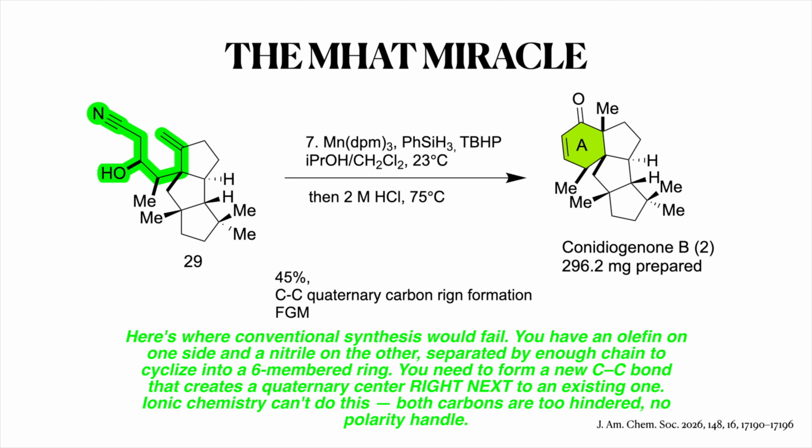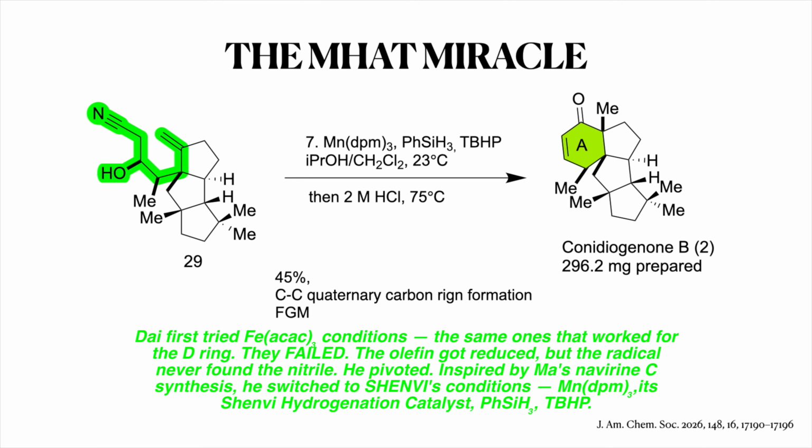Ionic chemistry can't do this. Both carbons are too hindered. No polarity handle. Dai first tried iron acetylacetonate conditions, the same ones that worked for the D-ring. They failed. The olefin got reduced, but the radical never found the nitrile.